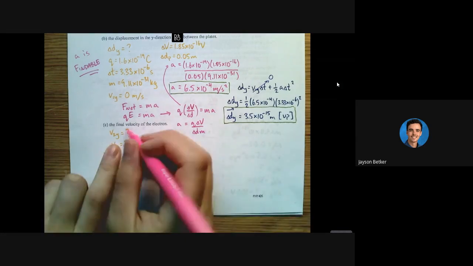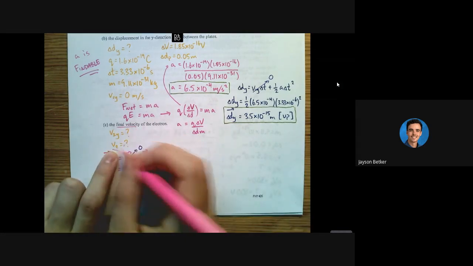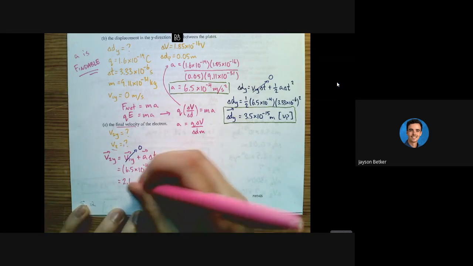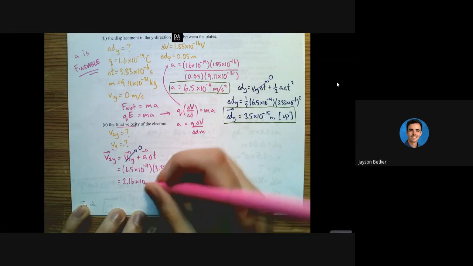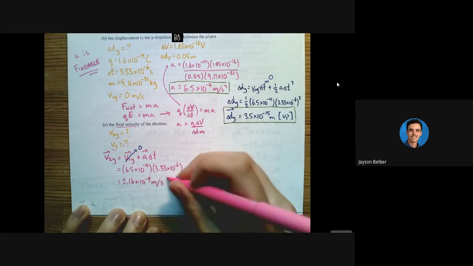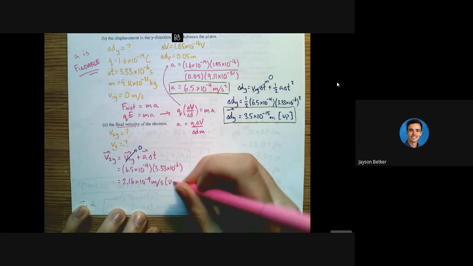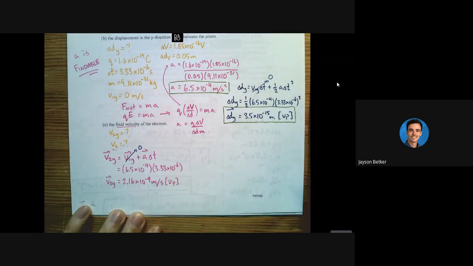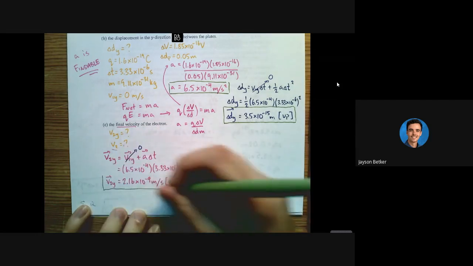So this is actually not our final question. We want to find V2, right? But we know V2y now is 2.16 times 10 to the negative 9 meters per second up. Okay, so how does that help us? Well, it actually is super helpful.